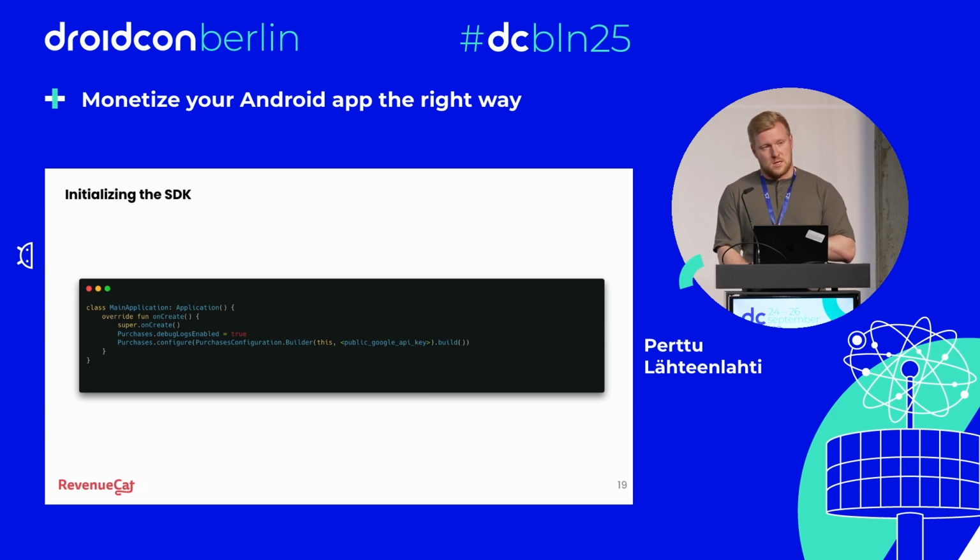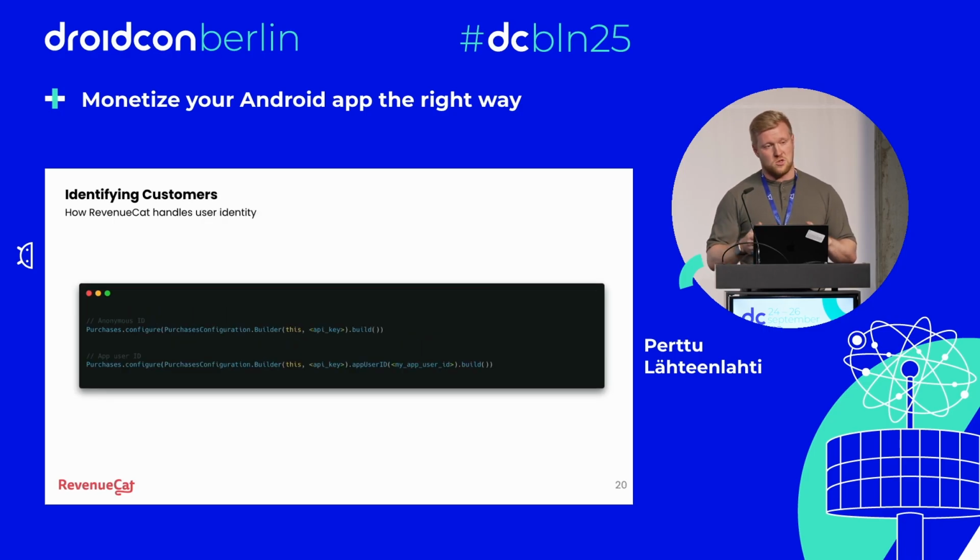The problem with this is that if the user now uninstalls the app and comes back, installs the app again, they will not actually have the subscription, if they bought that. In order to get that back, they need to do the restore purchases flow. And also, if they were to change from Android to iOS for some reason, or vice versa, because we assign an anonymous user ID every time you initialize the SDK for the first time at the app start, we have no way of connecting those.